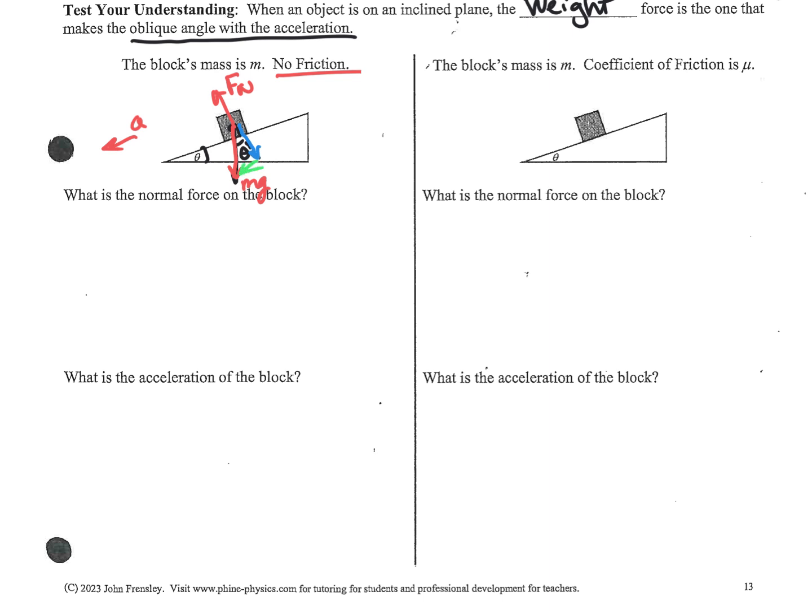The normal force on the block has to be equivalent to that force right there. Well, that force right there is, color coding here, mg cosine theta. So the normal force equals mg cosine theta.